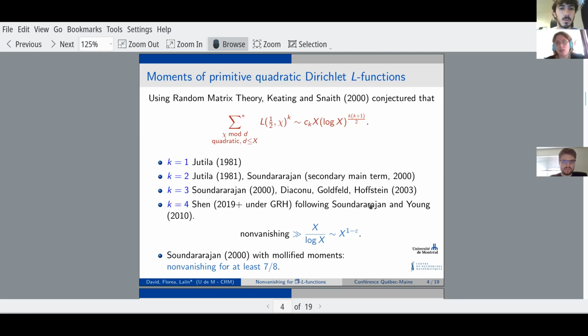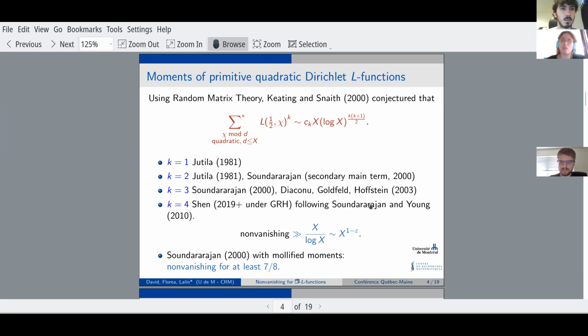Now, if you apply this, say, you apply Cauchy-Schwarz like the one I showed you, with K equals 1 and K equals 2, what happens is that the powers of log are unmatched, in a sense.